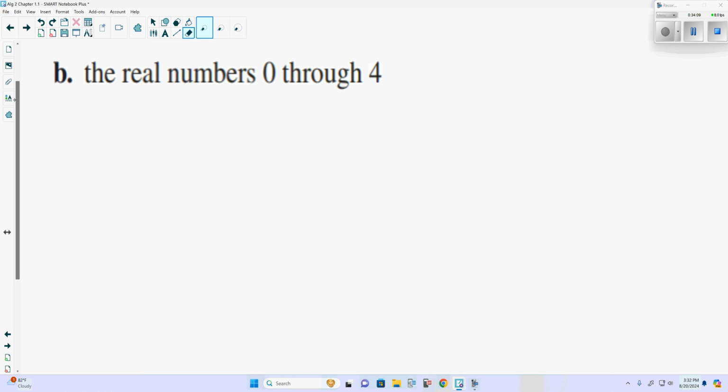Oh. So 0.0, and then we have 0.127, 139, because the real numbers, there's all the numbers between 0 and 1, yes? So is it really possible for us to list all the numbers from 0 to 4, or 0 through 4?